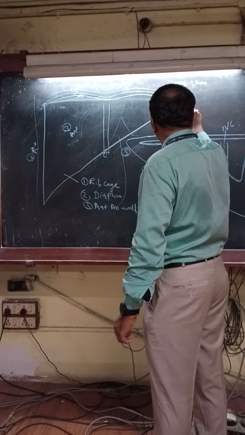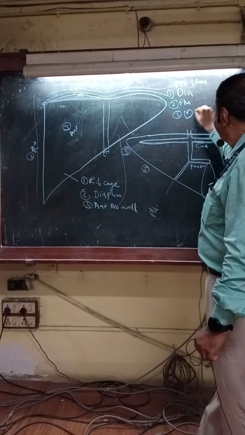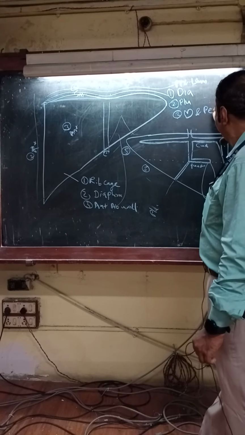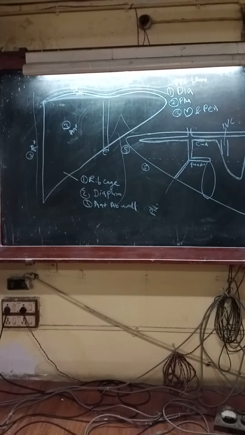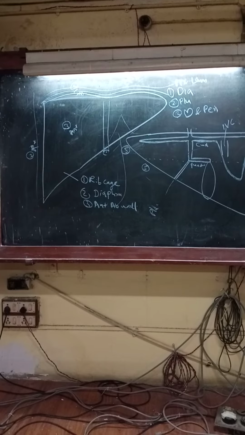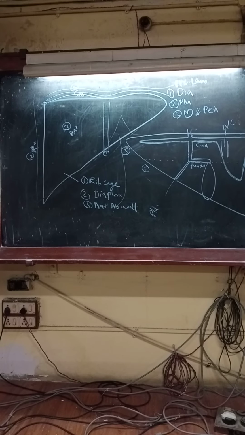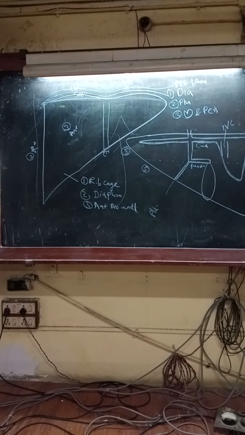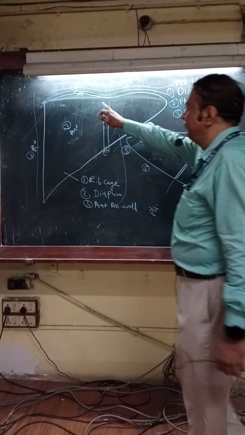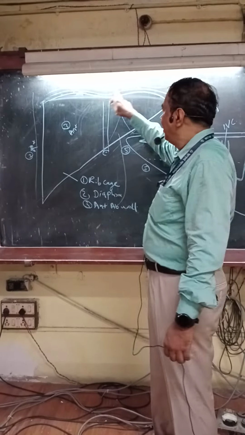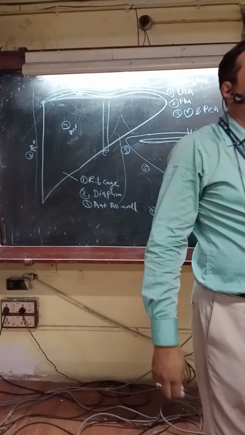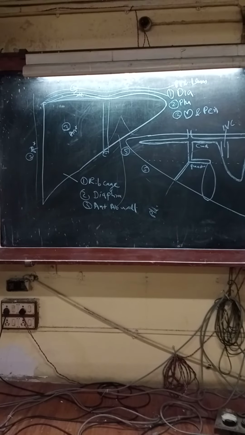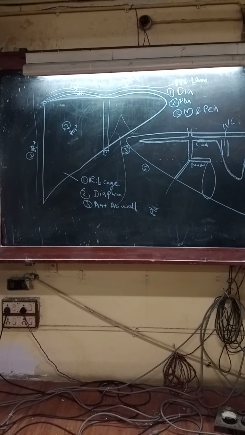And three, heart and pericardium. The bases of the two lungs will be here, and the heart and pericardium are here. So three structures are related to the superior surface, and three structures to the anterior surface.